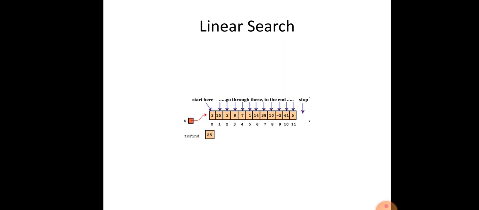The linear search starts at index 0, a[0], and ends at a[11], that is the n minus 1 element in the list. It searches one by one up to n and then stops. If the element is not there, for example if the element given is 25 but it is not present in the list, the search is unsuccessful.